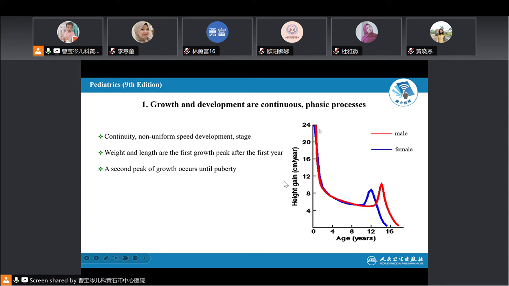We can see, male or female, in the first year the growth is faster. The second peak of growth occurs at about 12 for females and about 15 for males.